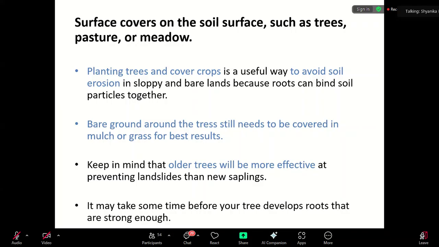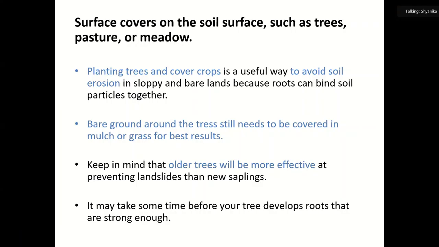What is the use? What happens after we establish cover crops on the bare ground? It will reduce soil erosion, because the cover crops always cover the topsoil, right? Think about the rainfall.